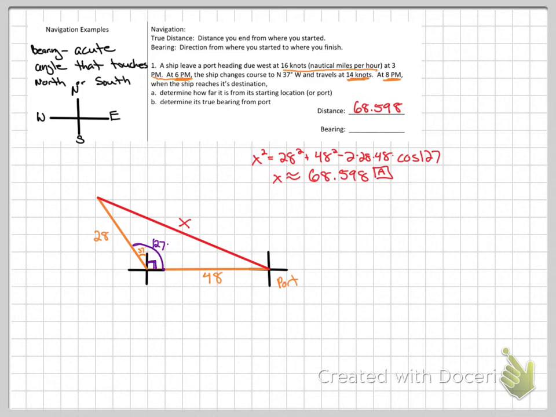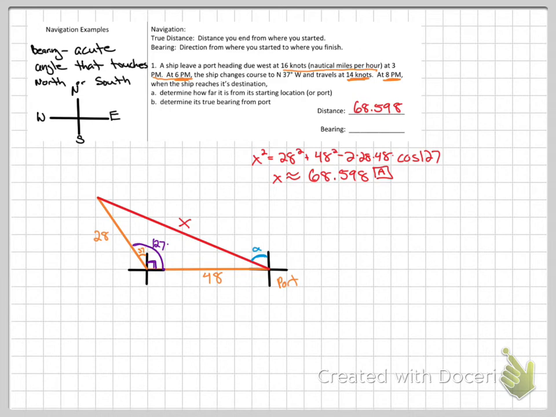But what we're going to need to check is this angle, I'm going to call that alpha, is that angle acute? Or, because it touches north, is this one from south to our red line? Always to your red line. Is that one going to be acute? I'll call that one beta. But I'm actually going to get rid of that one because clearly you can see in this one the alpha is going to be the acute angle. So that's the angle I'm going to use for my bearing.